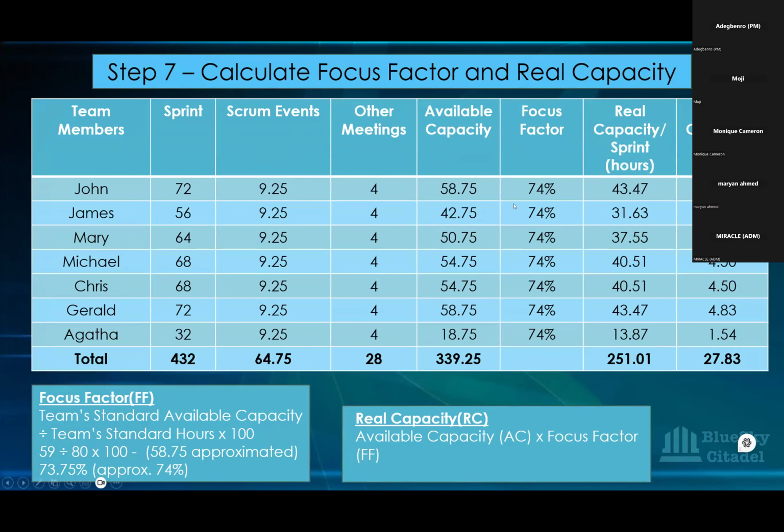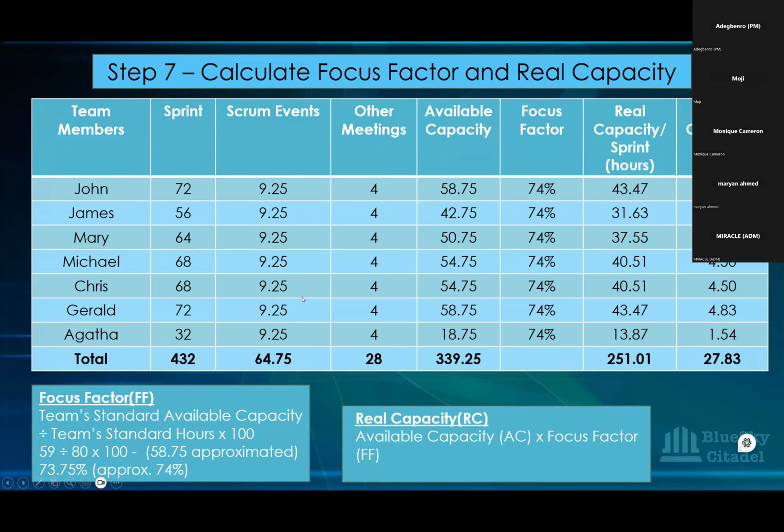So we're coming back here because now we need to look at the focus factor, to get their real capacity. Available capacity doesn't mean this is the capacity we have. We want to know the real capacity, and we need to put in the focus factor in order to get to the real capacity.